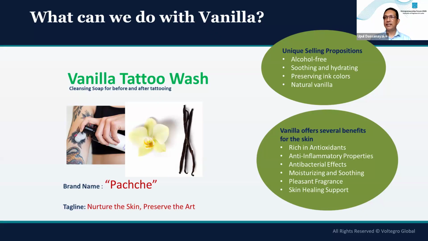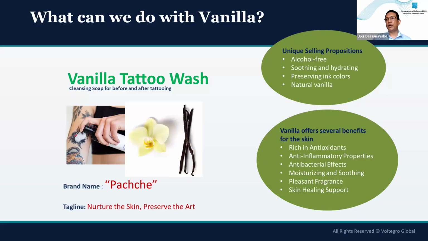He has the capacity, skill, and he's already in this market. Now he knows what he can do with vanilla. This is just one product, and he has come up with some more ideas after my consultation. And you can see the benefits that it offers, like rich in antioxidants. Those are called value propositions. So don't mix up these two, right?